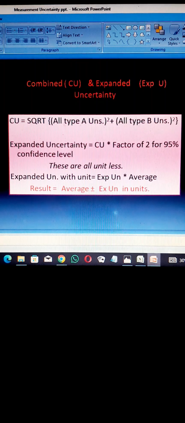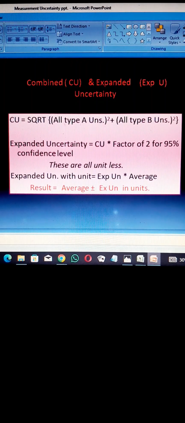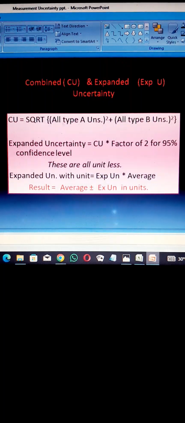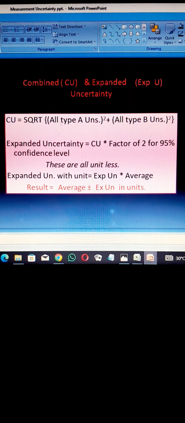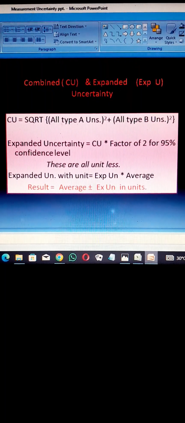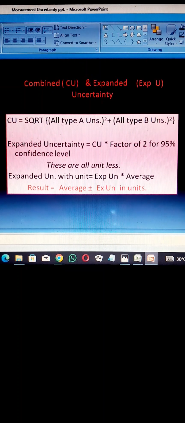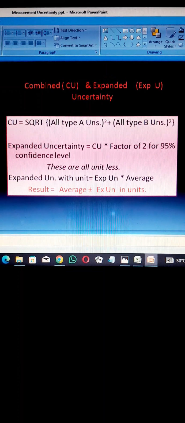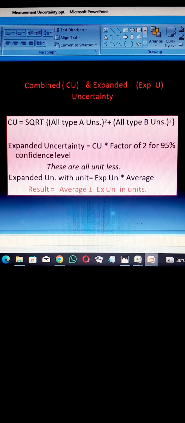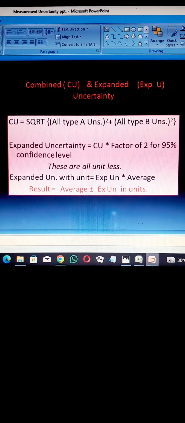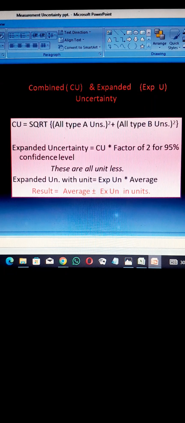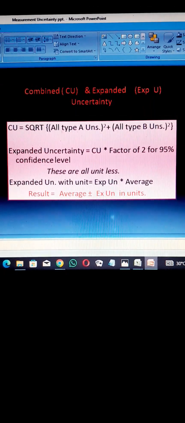The combined uncertainty is the square root of all type A uncertainty plus all type B uncertainty. And then come to expanded uncertainty. Expanded uncertainty is the combined uncertainty multiplied by a factor of 2 for 95% confidence level, which you will get from the calibration certificates provided by the external supplier.